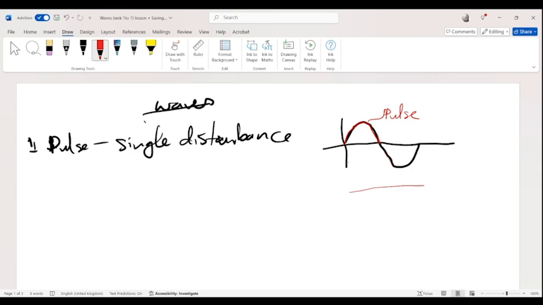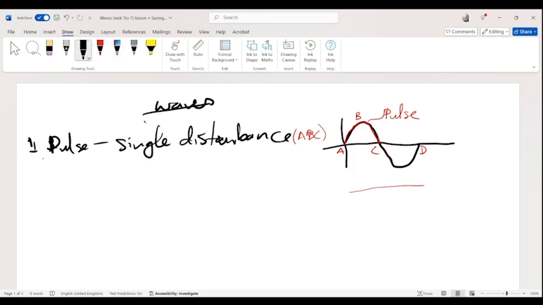This is one wave. And if I put points A, B, C, D, our pulse is A, B, C. Okay?